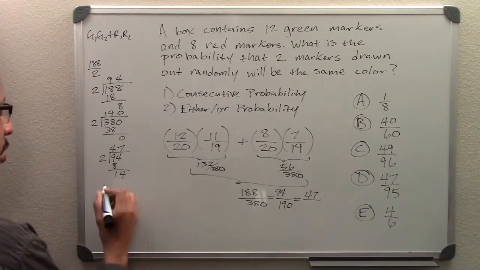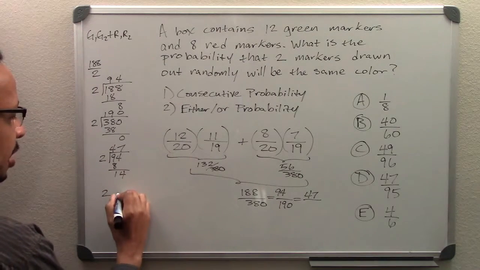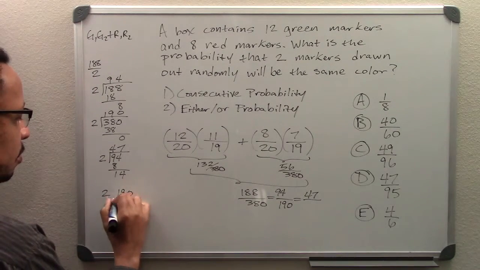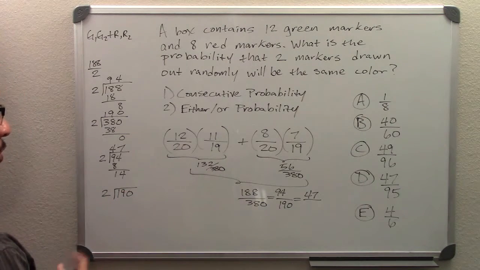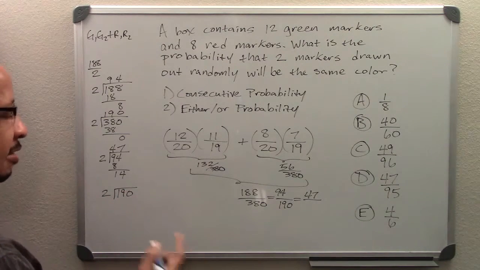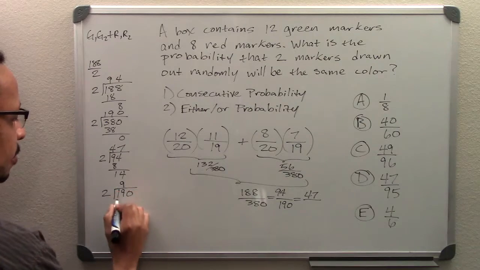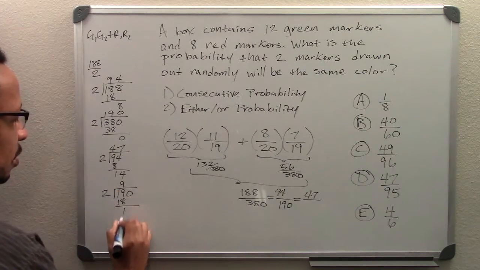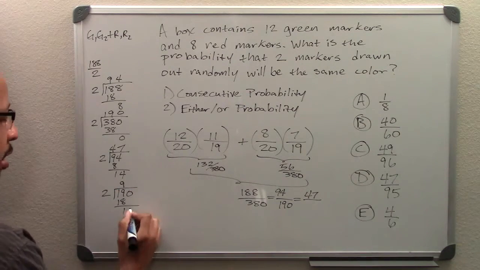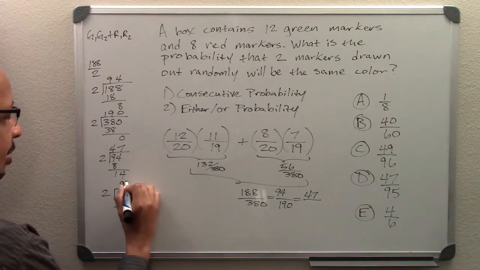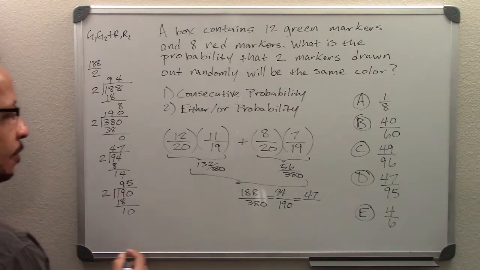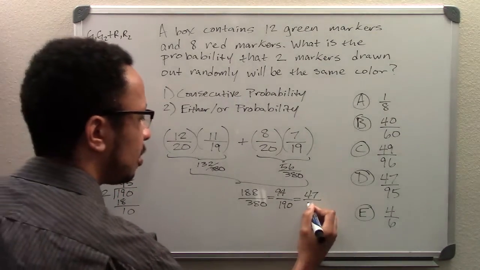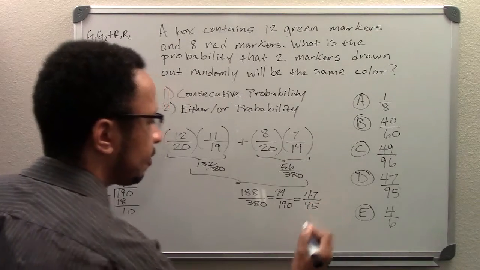We're going to do the same with 190 divided by 2. 2 times 9 is 18. That gives us a 1 there. Bring down the 0. 2 times 5 is 10. So our denominator is now 95.